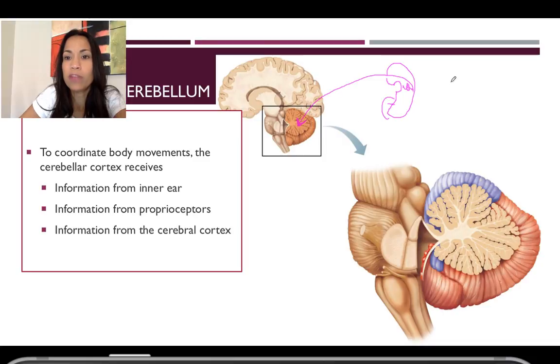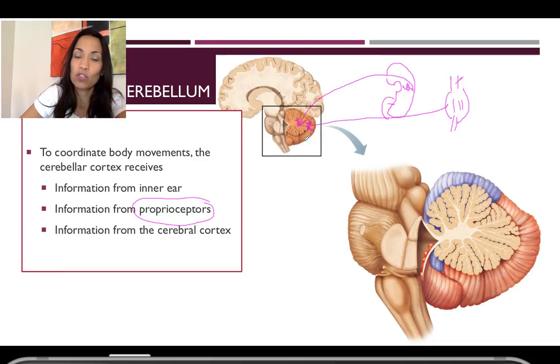Also, it receives information from the muscles and tendons and joint capsules. So remember, in there we have proprioceptors, and that information again is being sent to the cerebellum every millisecond.